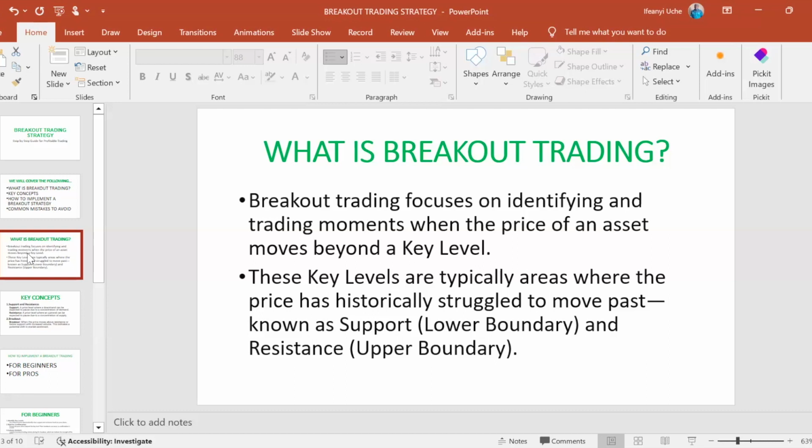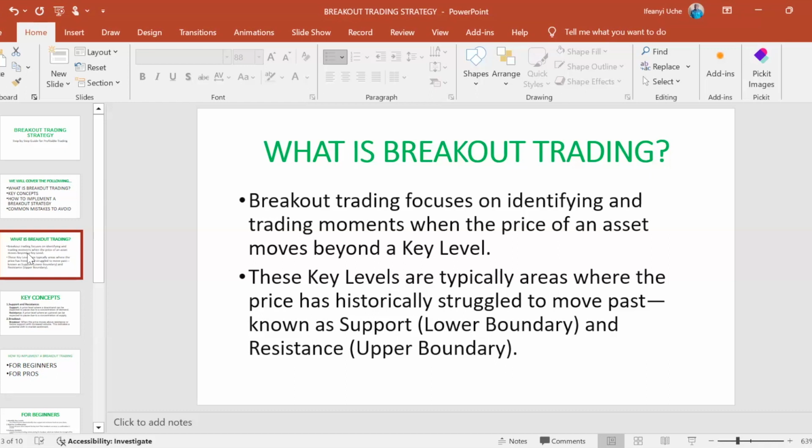So that becomes a key level. Price can eventually break a key level and return back to it. These key levels are typically areas where price has historically struggled to move past.